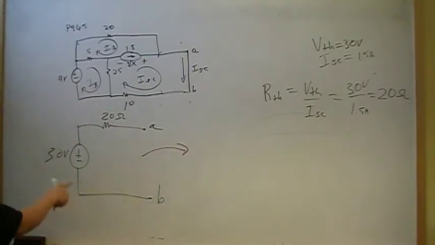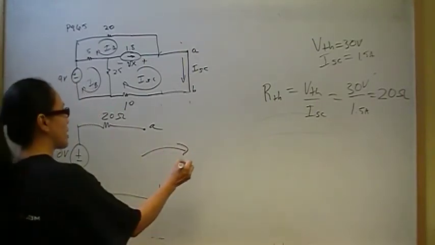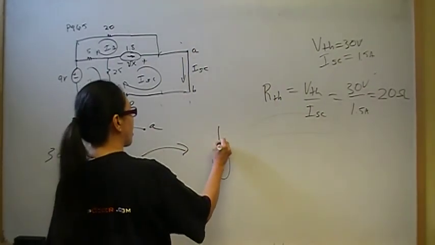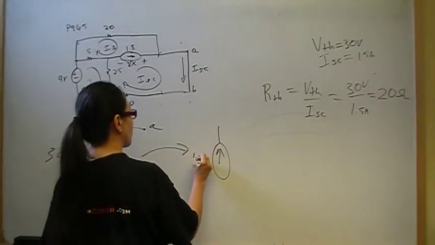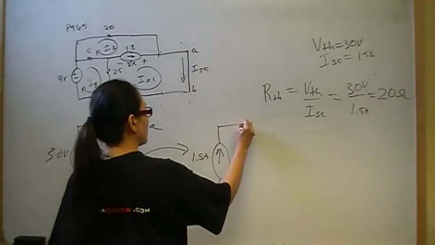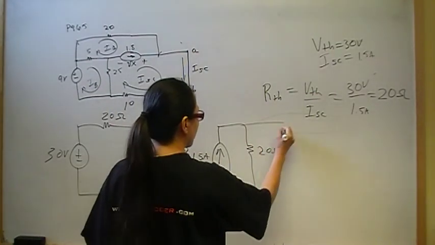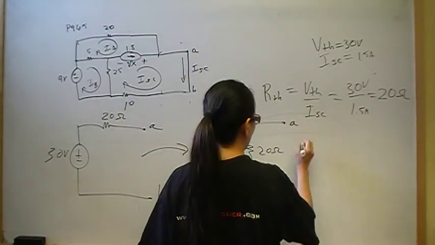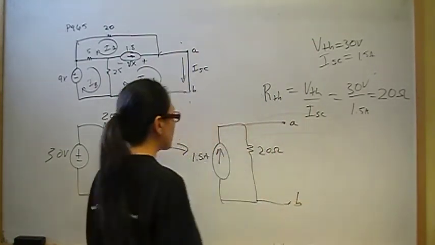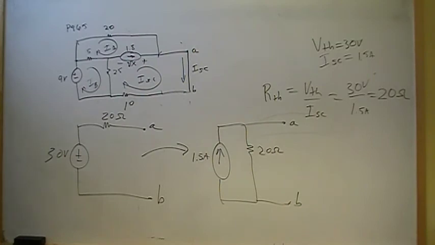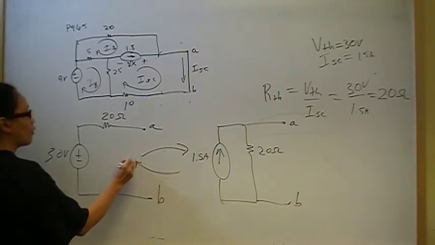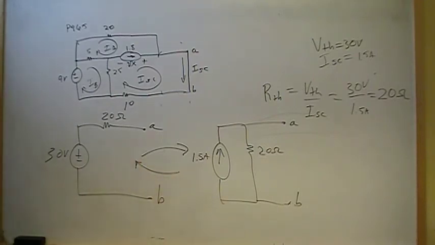So we could do a source transformation, or we could just say that that's the same thing as our I short circuit, 1.5 amps in parallel with 20 ohms. That's just in case you get asked for the Norton equivalent. Just realize that the Norton equivalent and the Thevenin equivalent circuit are just source transformations of each other. So whatever you get asked for. Okay, so that is part A.